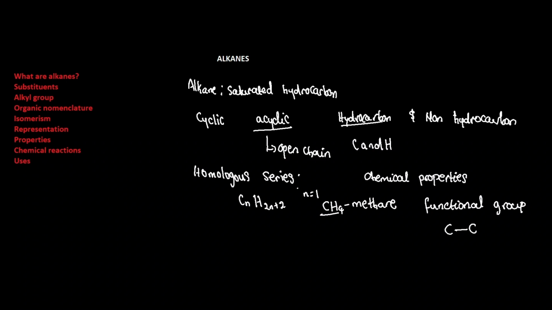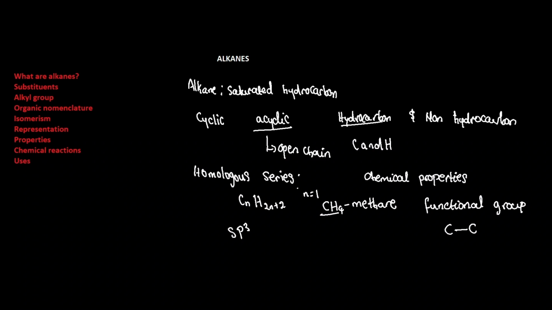So the carbon-carbon bond, the bond that exists between any two carbon atoms in the alkane group of organic compounds, is a single bond, and in terms of hybridization, they exhibit the sp3 hybridized orbital.